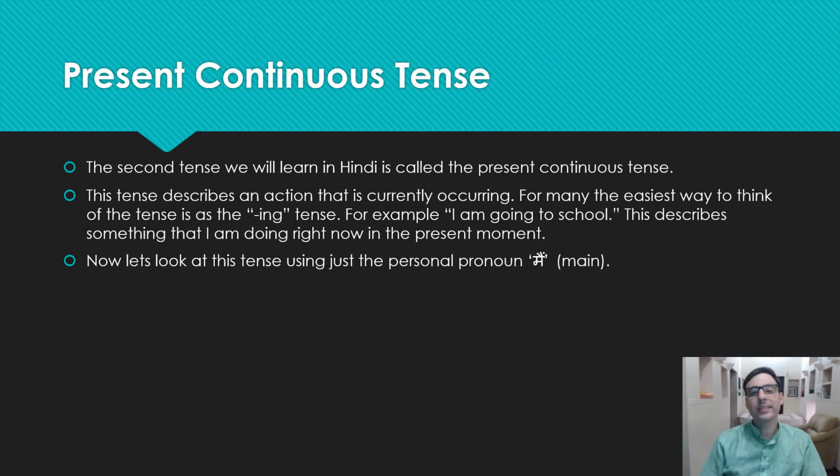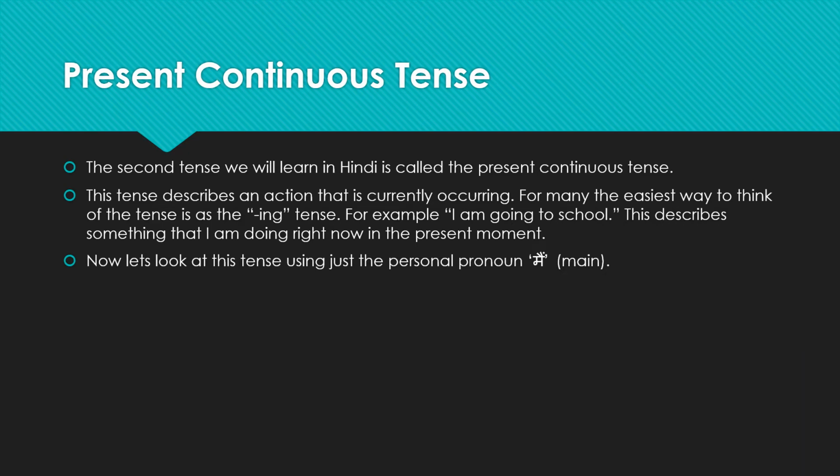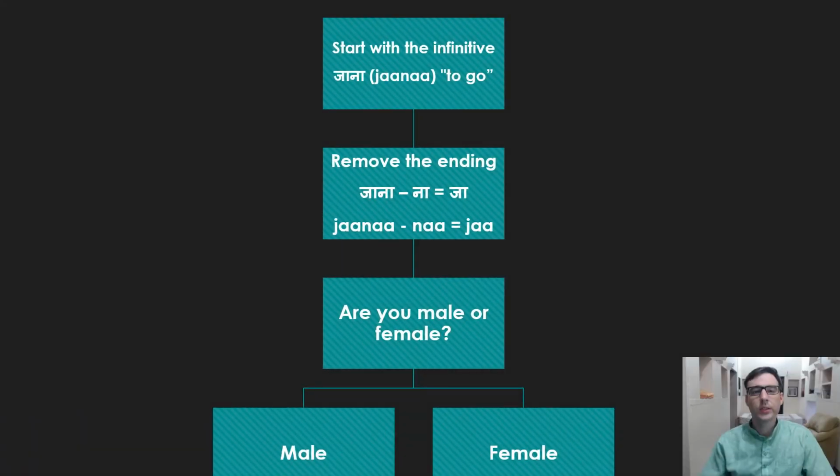Now let's look at this tense using just the personal pronoun main, or I. So we are looking at the present continuous tense with the personal pronoun main, and again we're using the flow chart.